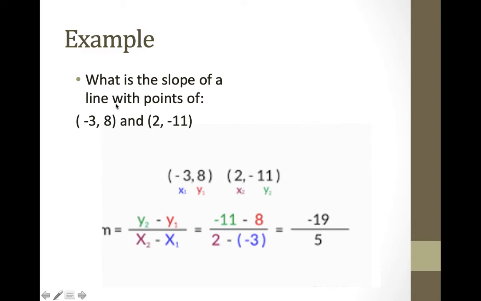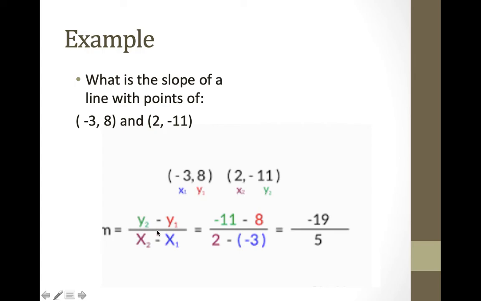What is the slope of a line with the points of -3, 8, and 2, -11? So here's what you do. You first use that slope formula, which is y2 minus y1 over x2 minus x1. So this is my first point. This is my second point.